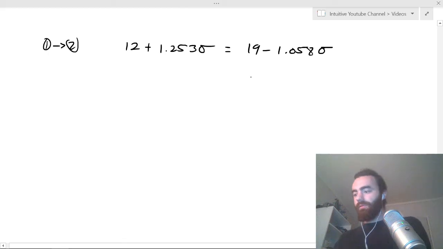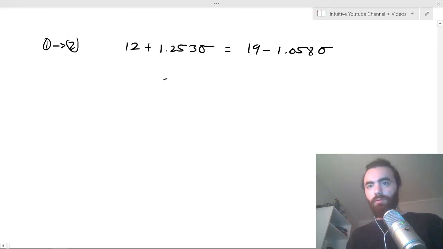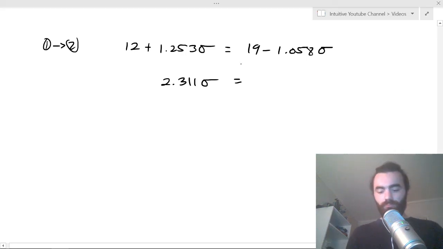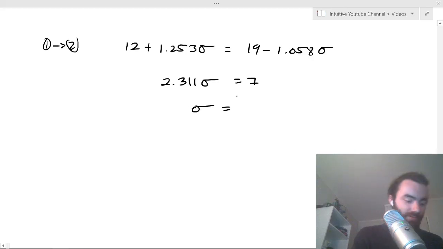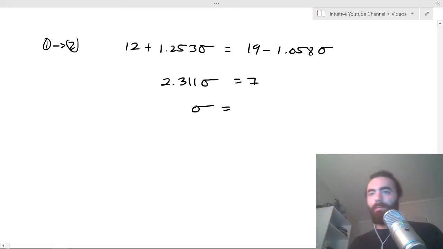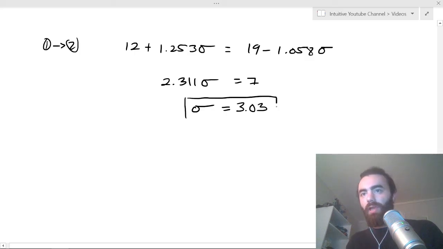So that gives us 2.311 standard deviations equals 19 minus 12. Okay, and then your standard deviation equals 7 divided by 2.311, which equals 3.03. So that's your standard deviation.